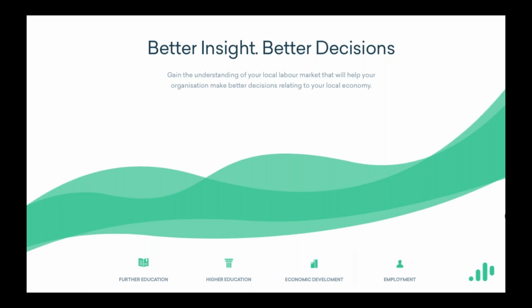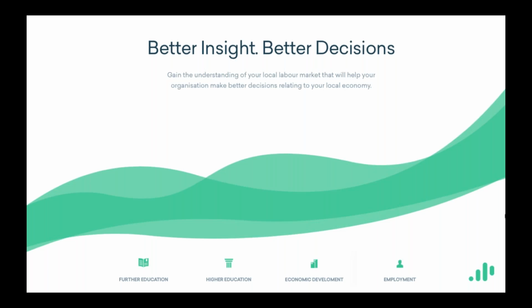What we do is also combine that with big data, in the shape of job posting analytics, so we crunch and scrape information from the internet of job postings across the country. We update that monthly, and that gives a real insight into what's actually happening in various different industries and occupations and companies.